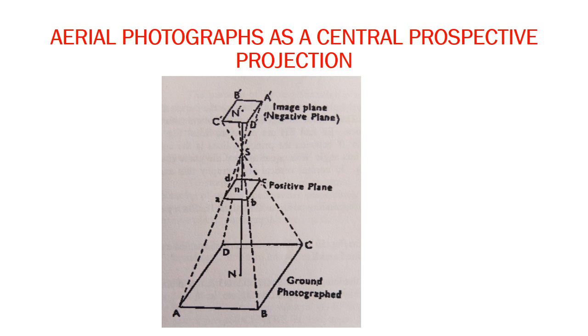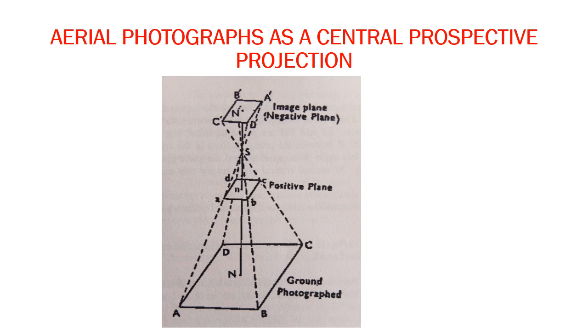In a central projection, all projecting rays which connect the corresponding points, say A and a, that is capital A and small a, and capital B and small b, pass through one point, that is O, that is the perspective center.